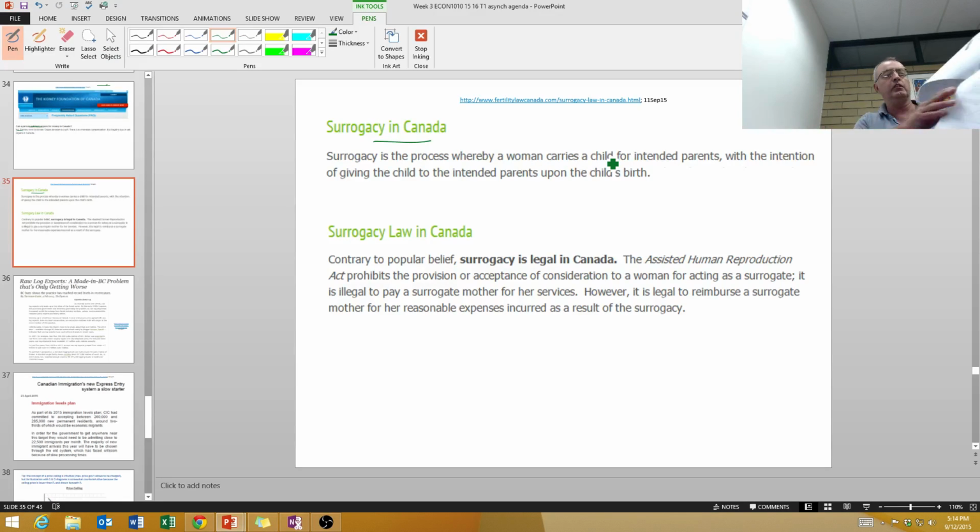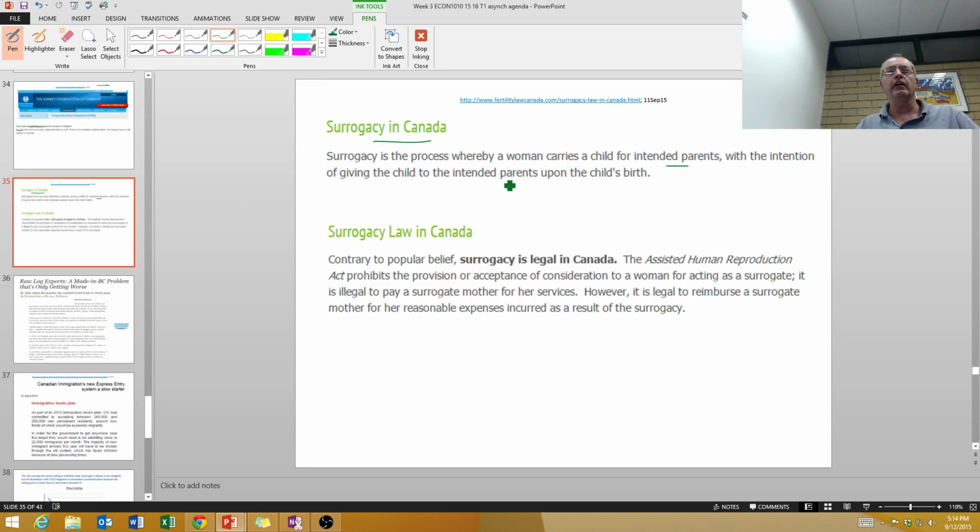Surrogacy is where a family wants to have another baby, but the wife isn't physically capable of having one, or she is, and she just doesn't want to use her body for that purpose. So you effectively find someone else to have your baby for you, and then of course they give it to you at the end.